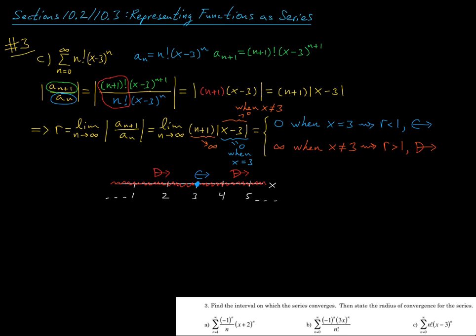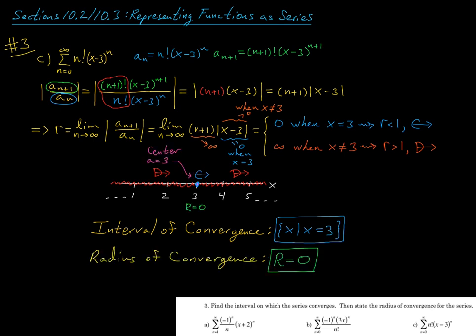All right, so now for our interval of convergence, we really just get a single point in this case. So I've written the singleton in set notation. So this is the set of all x such that x is equal to 3, which is really just describing this one single point.